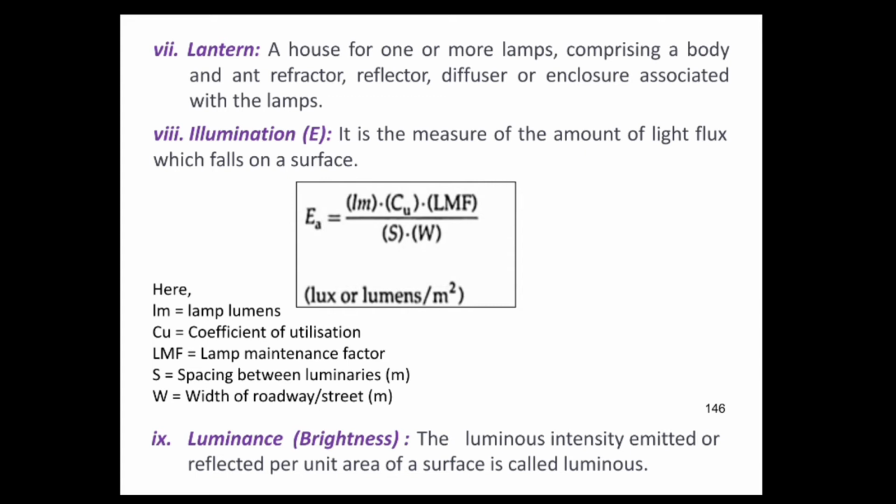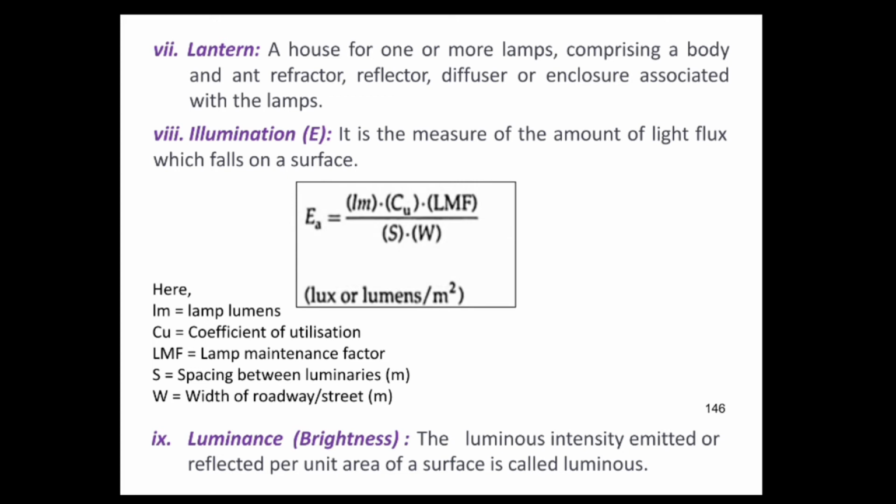Here LM is the lamp lumens, CU is the coefficient of utilization, LMF is the lamp maintenance factor, S is the spacing between the luminaires in meters, and W is the width of the roadway or a street in meters.